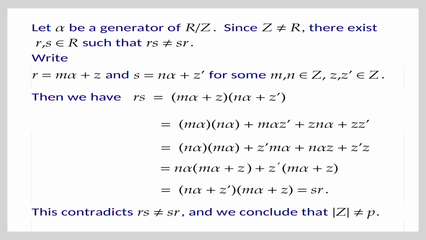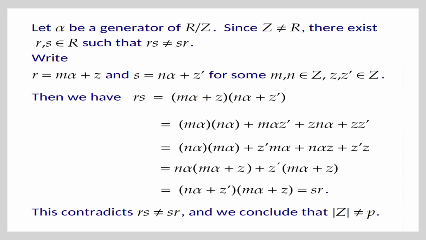Since z and z' are in the center, we write m alpha z' as z' m alpha and z n alpha as n alpha z. Thus, we get n alpha m alpha plus z' m alpha plus n alpha z plus z' z.